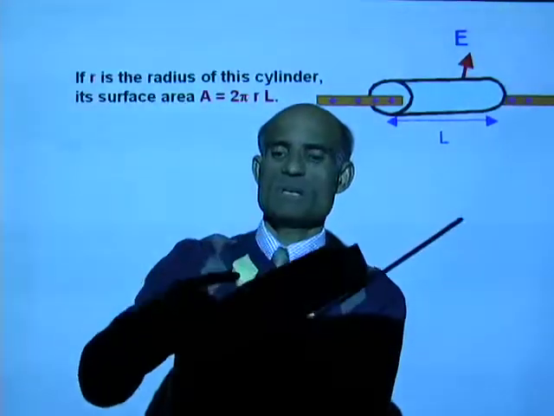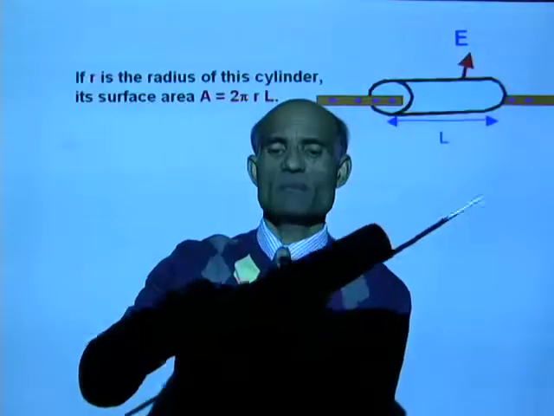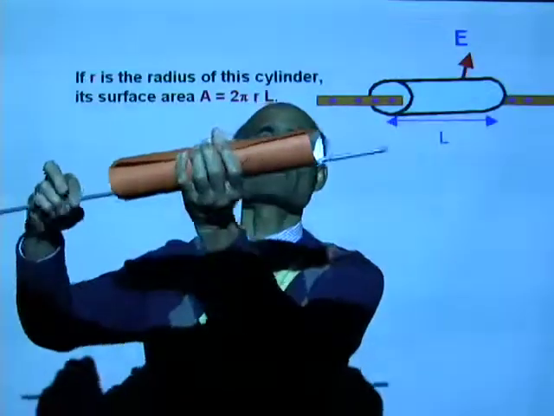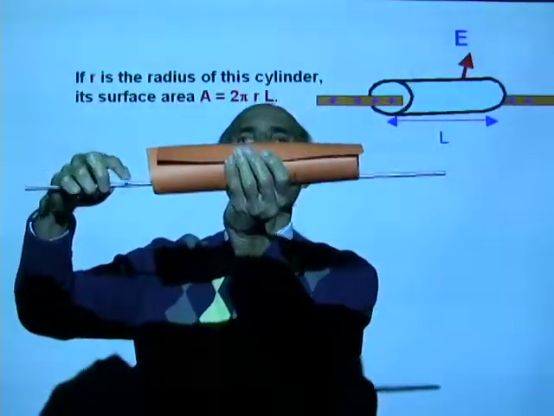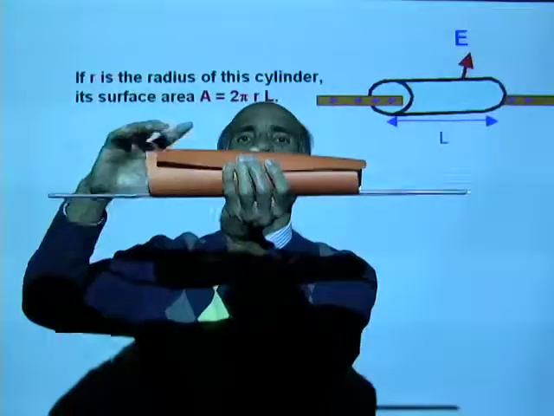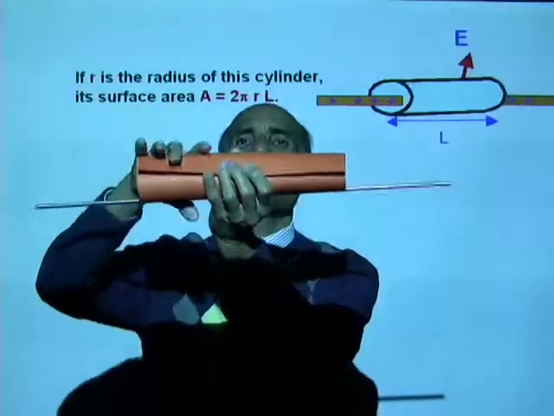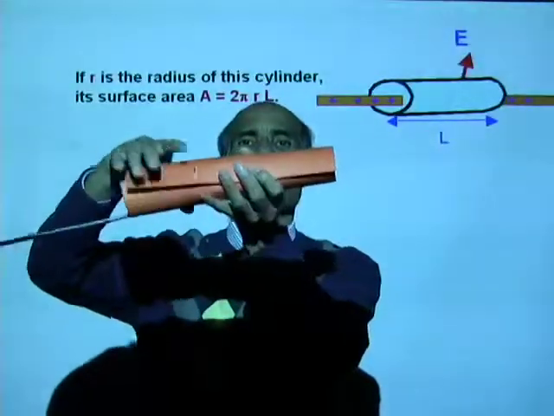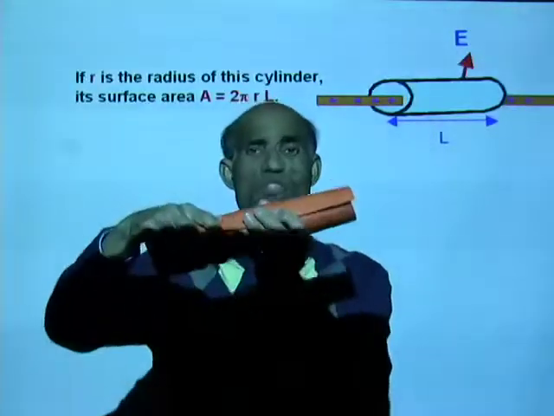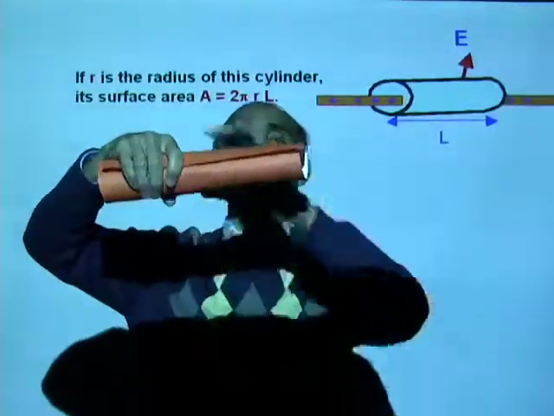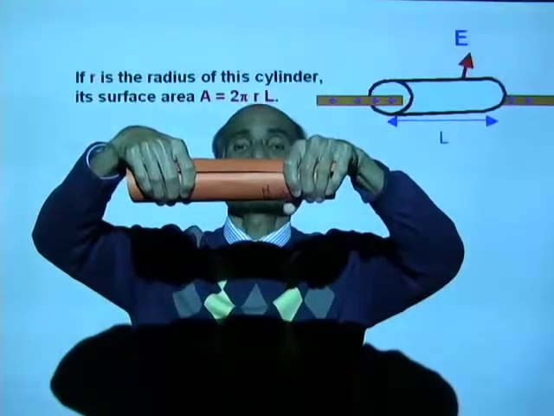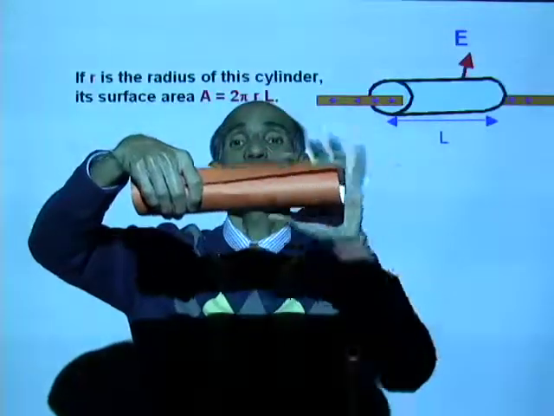Alright, I'm struggling here. Well, here is the cylinder and the charge inside. Alright, what is the surface area of this cylinder? Alright, my charge has fallen off. This is the Gaussian surface, right? What is the surface area of this?